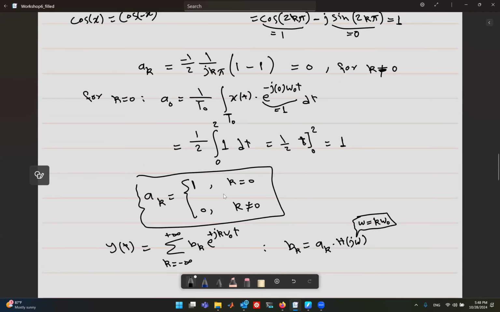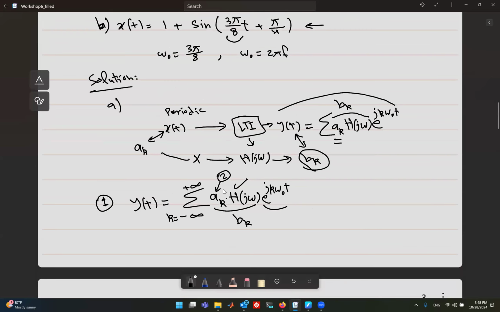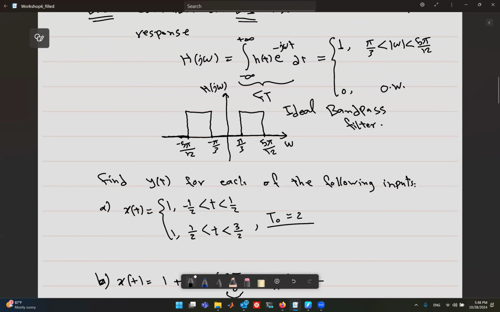We go back to the definition of the frequency response here. This is the frequency response hj omega, and it's 1 in those two bands and 0 otherwise. So at 0, it will be 0, right?